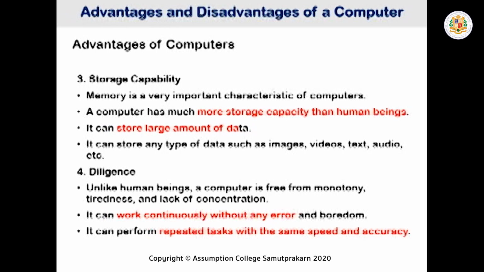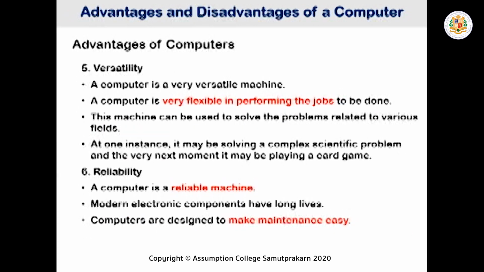You can store more data than human beings. Four, diligence. Unlike human beings, a computer is free of monotony, tiredness, and lack of concentration. As a computer doesn't get tired, it can work continuously. Five, versatility. It is a very versatile machine, very flexible in performing the job. It can be used to solve problems related to various fields.